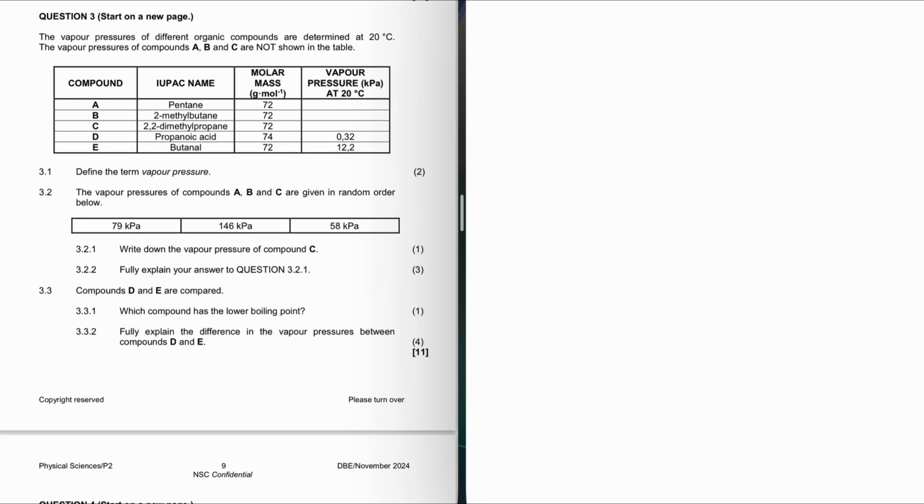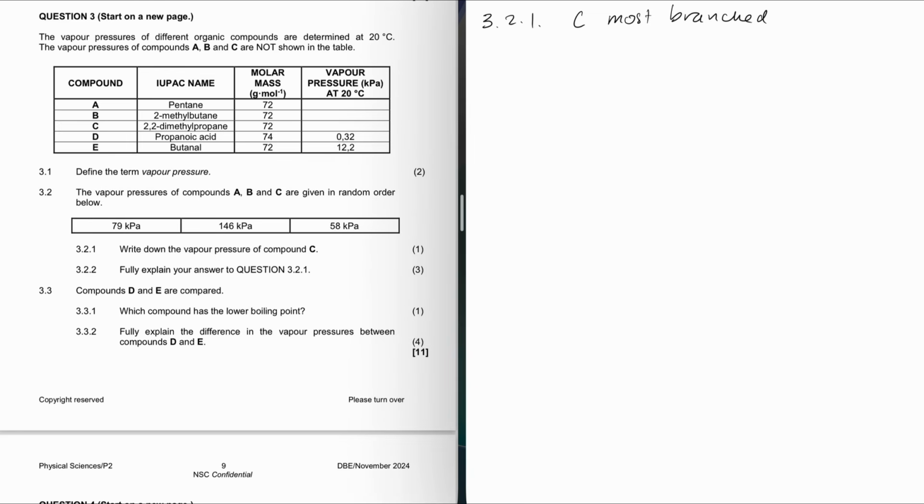Question 3.2, the vapor pressures of compounds A, B, and C are given in random order. 3.2.1, write down the vapor pressure of compound C. So in order to figure out what compound C is, we need to think about what they are changing in each compound. So A, B, and C, you have pentane, you have 2-methylbutane, and C is 2,2-dimethylpropane. So essentially what they're doing is they are increasing the branches. So C is the most branched.